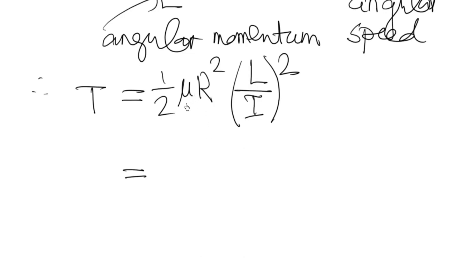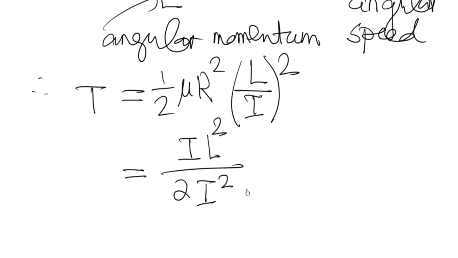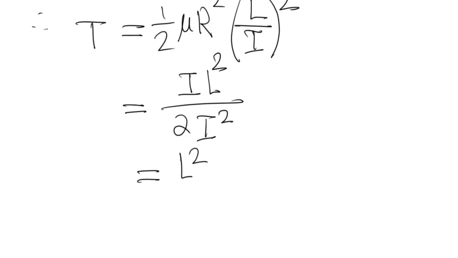But mu R square is I, so this is L square by twice I. So the kinetic energy is L square by twice I.